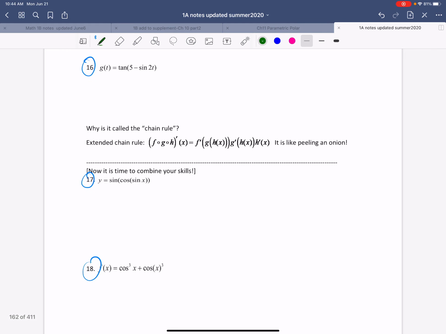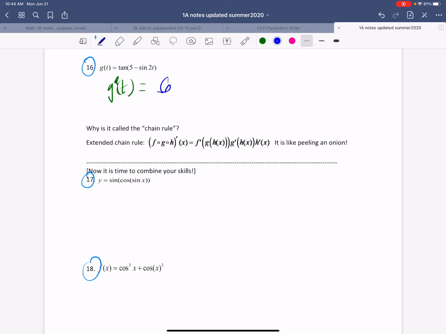Number 16. g of t is tangent of 5 minus sine 2t. So g prime of t is, remember, derivative of outside function evaluated at inside function. So inside is whatever you think of it, like something like x. It's not x, it's something more than x, but it remains the same. Tangent of something, derivative of tangent of something is secant square of something.